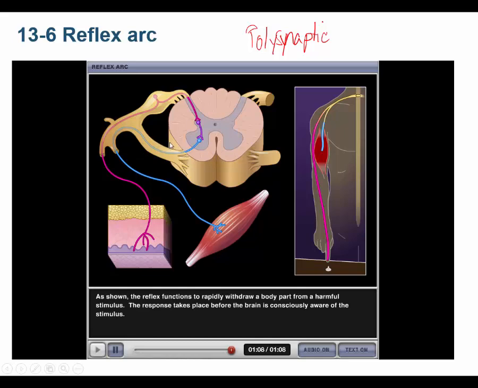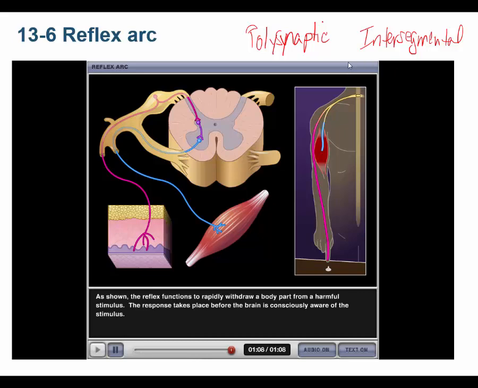It could go up or down. And if it does change the level, it's called intersegmental reflexes. Now, sometimes the reflexes stay in the same level and they're not intersegmental, but sometimes they go up or down and leave the spinal cord at a different level than the one in which they entered.